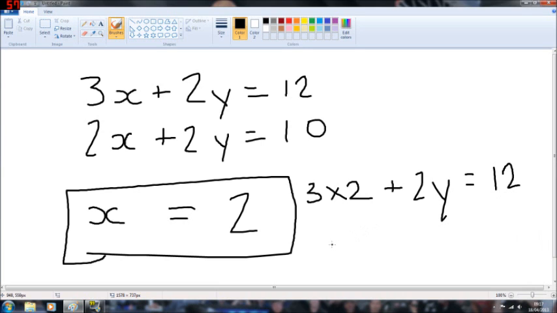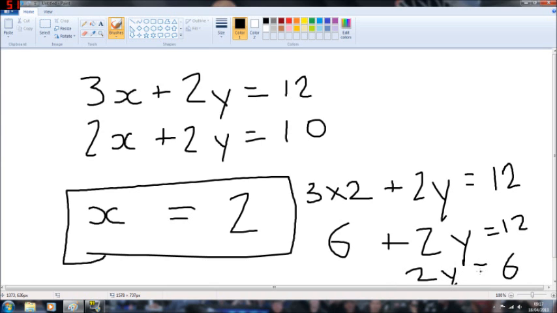You can work out y like this. You will do 3 times 2 equals 6, plus 2y equals 12. 12 minus 6 equals 6. 2y equals 6. 6 divided by 2 equals 3, and 3 equals y. There you go, you just worked out, well, I worked out for you a simultaneous equation.